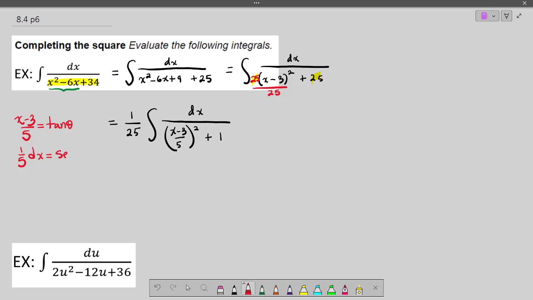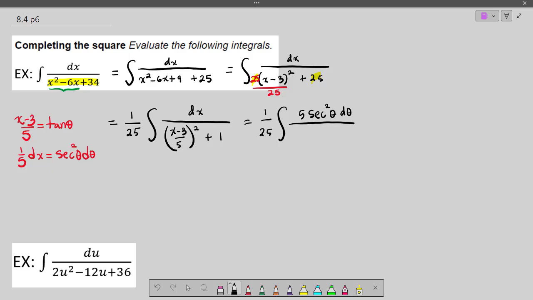On the right side we have secant squared of theta d theta. So there is our substitution, and let's see what that yields. We have a 1/25th out in front. dx is going to be 5 secant squared of theta d theta.